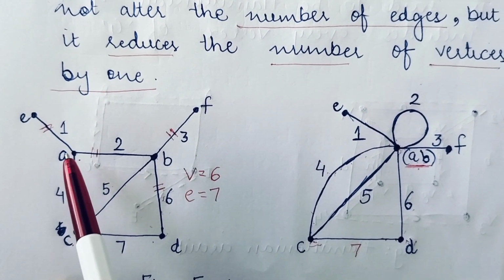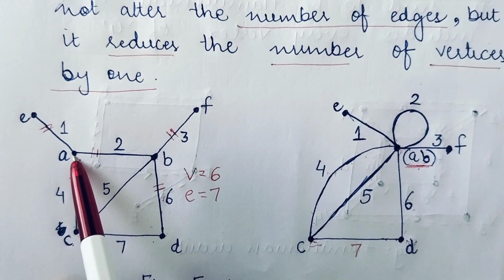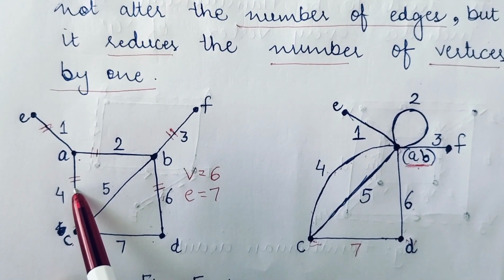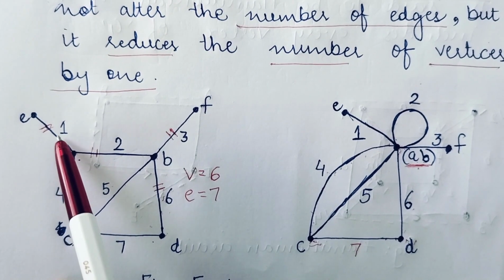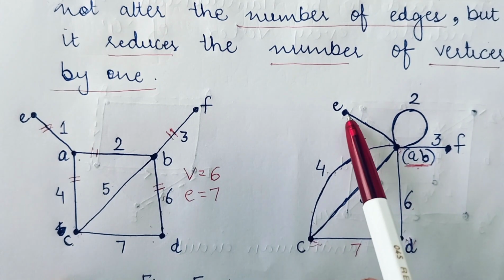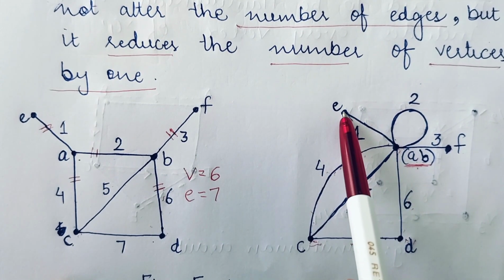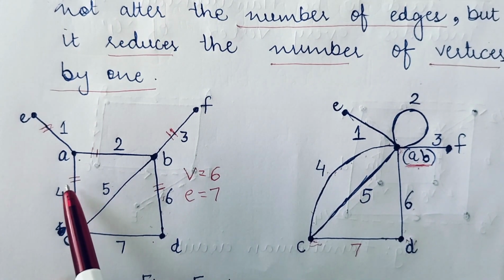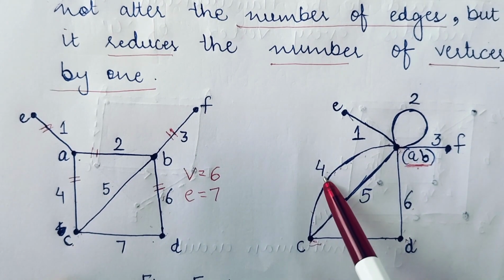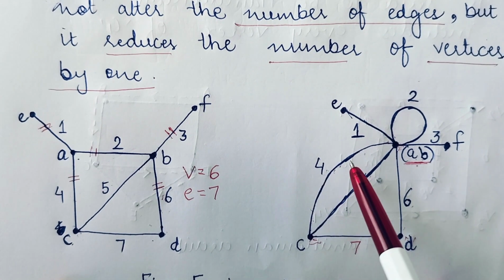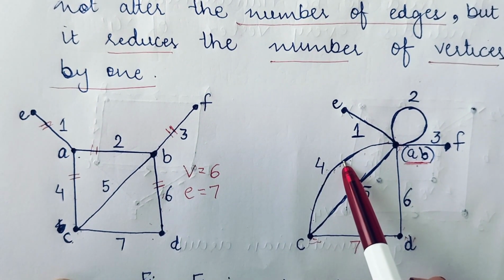Now we will see all those edges which are incident on vertex A. Edge 1 is incident on vertex A, edge 4 is incident on vertex A, right? The incidence of edge 1 is between vertex E and A. So here also the incidence of edge 1 will be between vertex E and AB. Then edge 4 is between vertex A and C. So here also edge 4 will be between vertex AB and C. Now don't go by the size or shape of the edge.